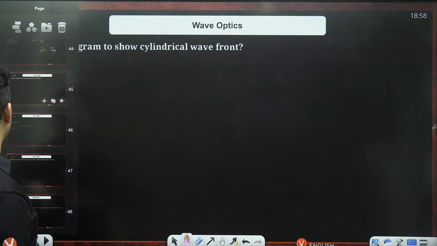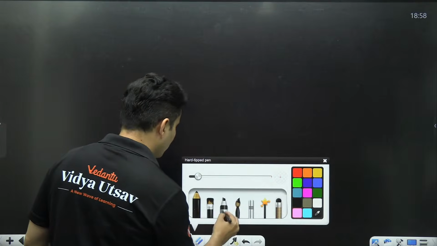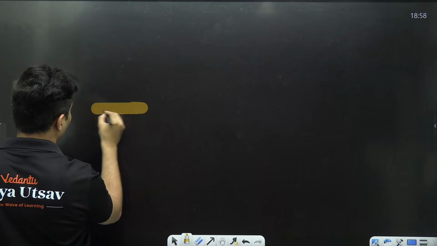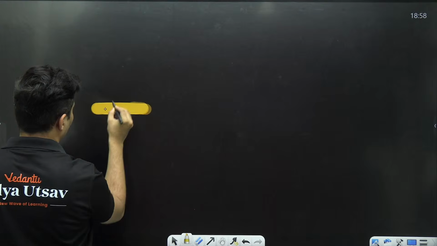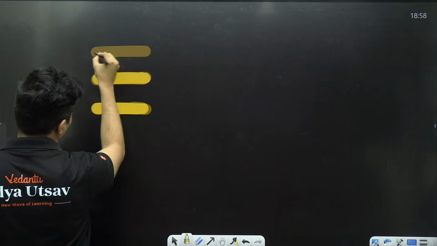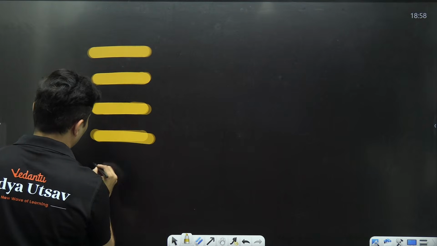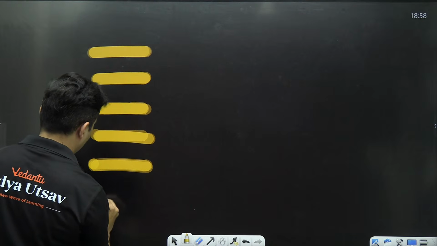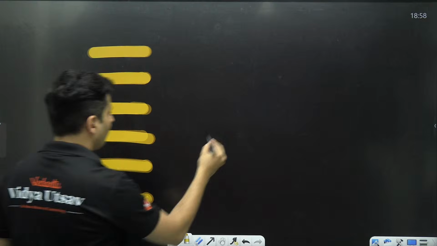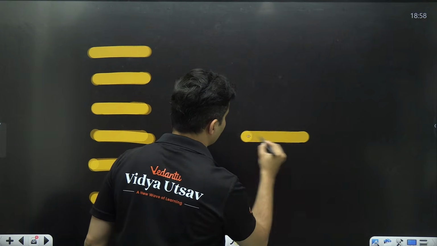Just to give you more clarity on this, if I had to literally shade it properly, this is YDSE fringes. But if you go for single slit fringes, it will be like this.